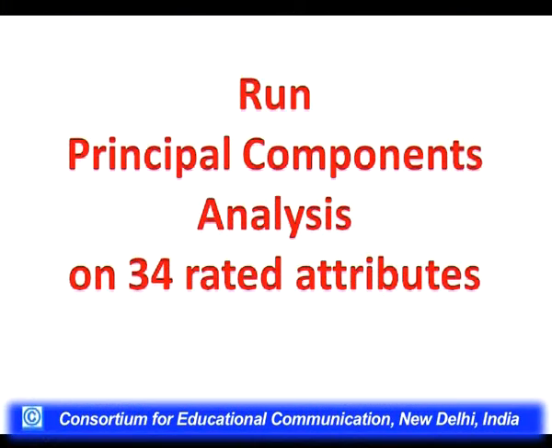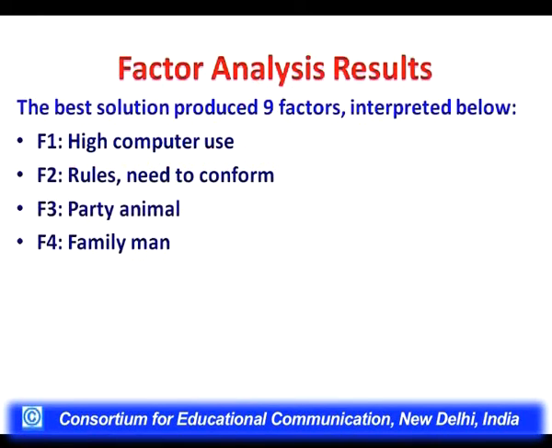Run principal components analysis on 34 rated attributes which we have already discussed. For the deodorant example, the best solution produced 9 factors, interpreted below. We had 34 variables.